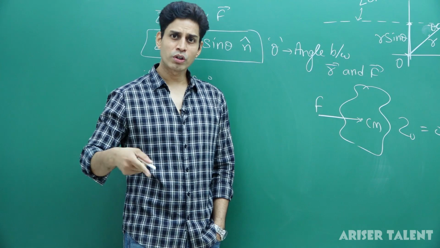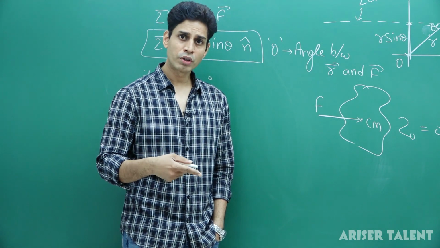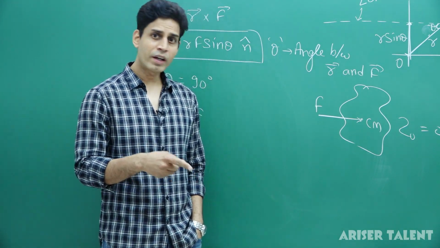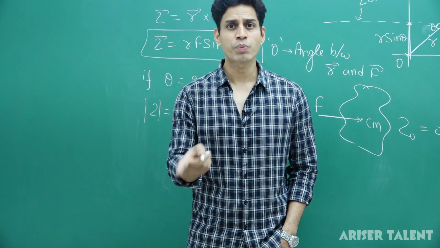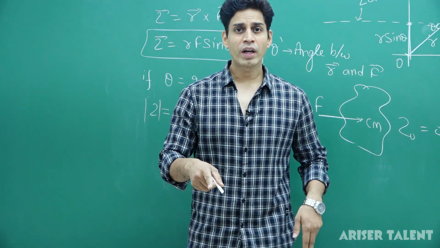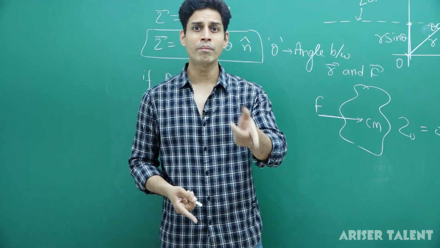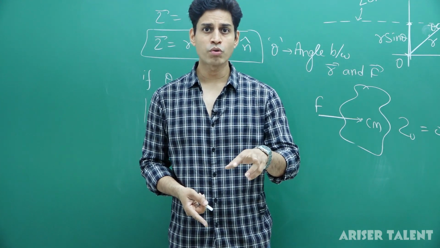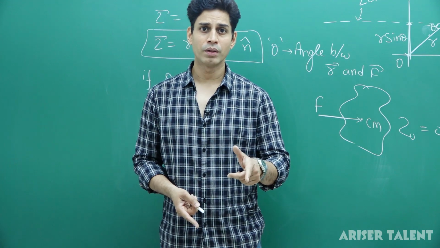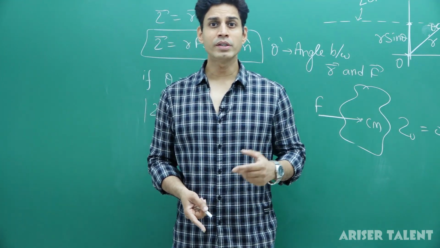Now, we are talking about the rotation. If we are applying a force which is providing the torque, and force is equal to ma, F is equal to ma. Now, what type of a? A is tangential acceleration.